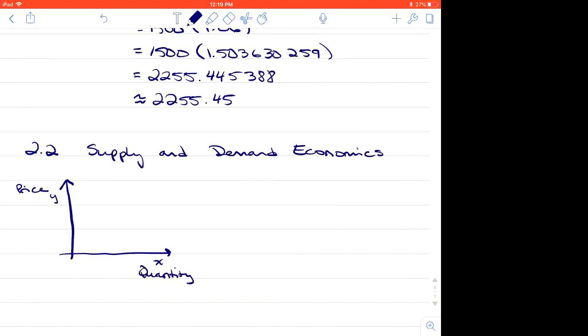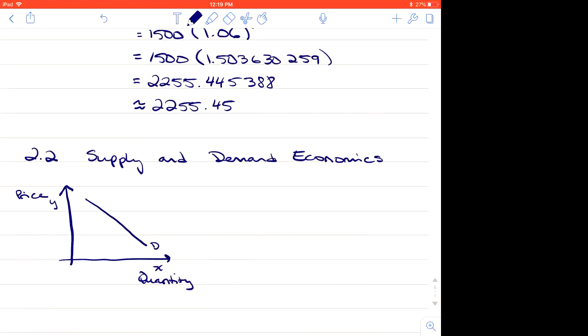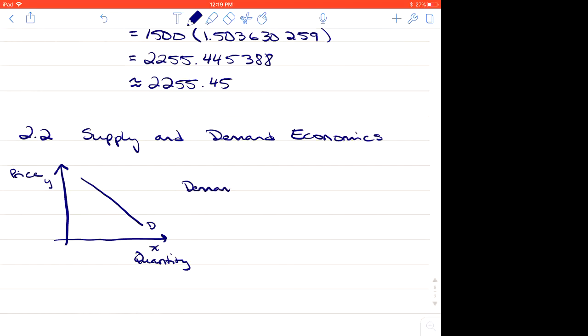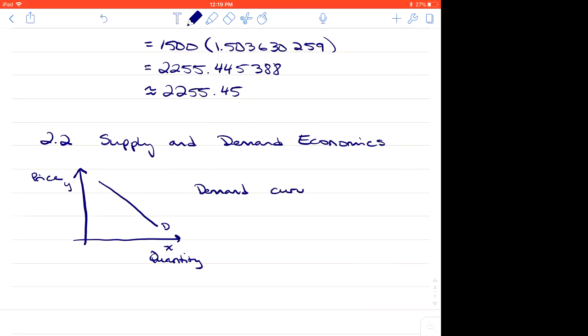And so in general, demand curves, denoted by a D, have a negative slope.